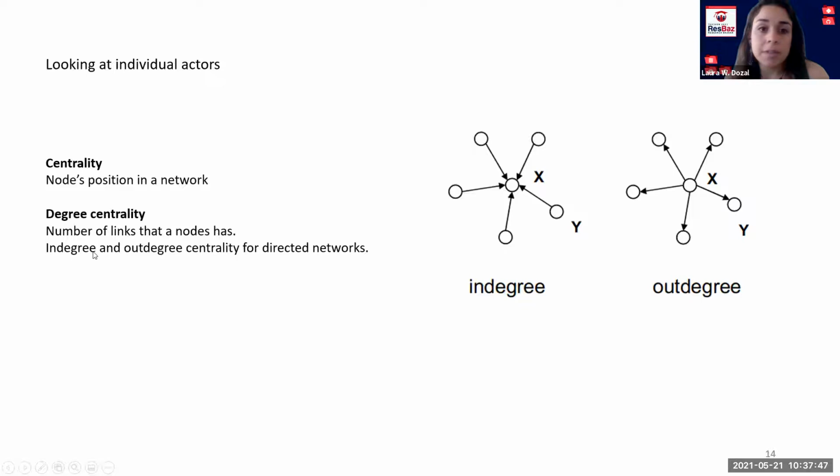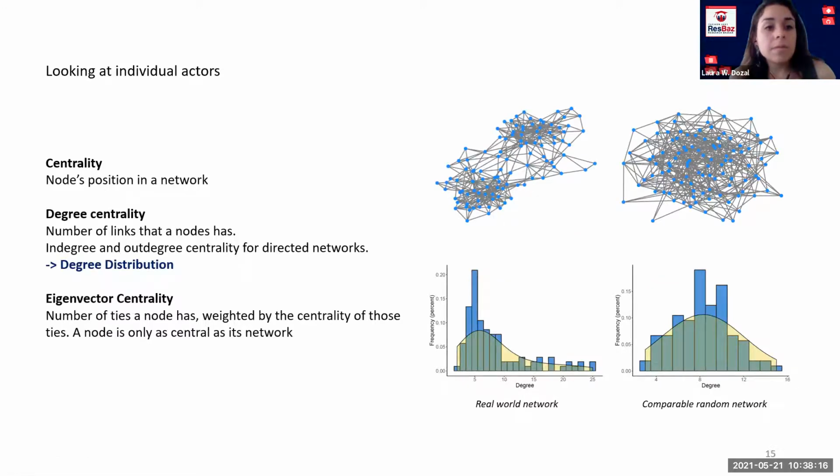When we take directed networks into account, we count the in degree and out degree. In degrees look at the information being taken in to the node, so X would also have an in degree of 5. And in our out degree network, it would have an out degree of 5. Further looking at degree centrality, degree distribution is a probability distribution of these degrees over the whole network.